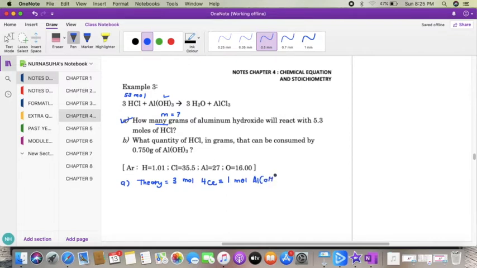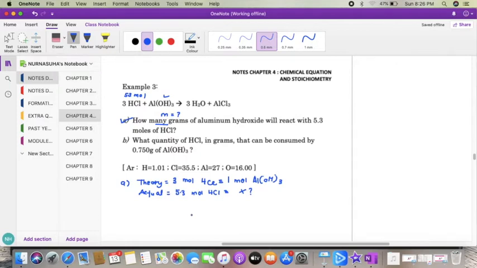Okay, itu teori lah. Tetapi yang actual yang you ada berapa banyak? Yang you ada hanyalah 5.3 mole of HCl. So, how many mole of aluminium hydroxide?